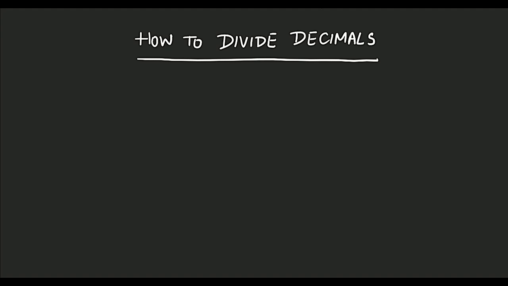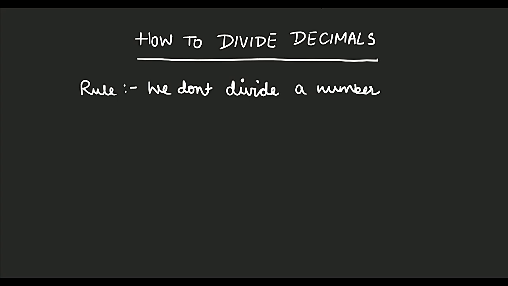There is this one rule whenever we divide decimal numbers. The rule is, we don't divide a number by a decimal number.